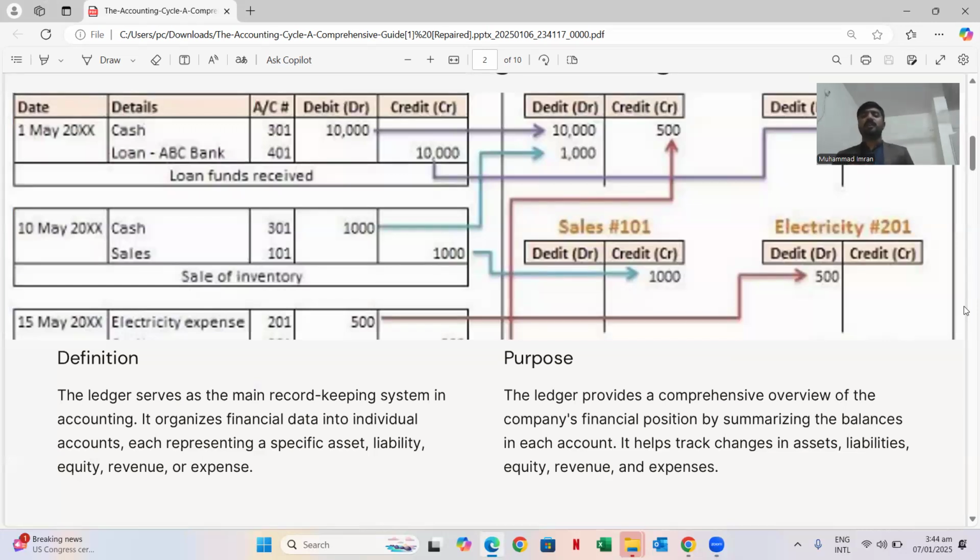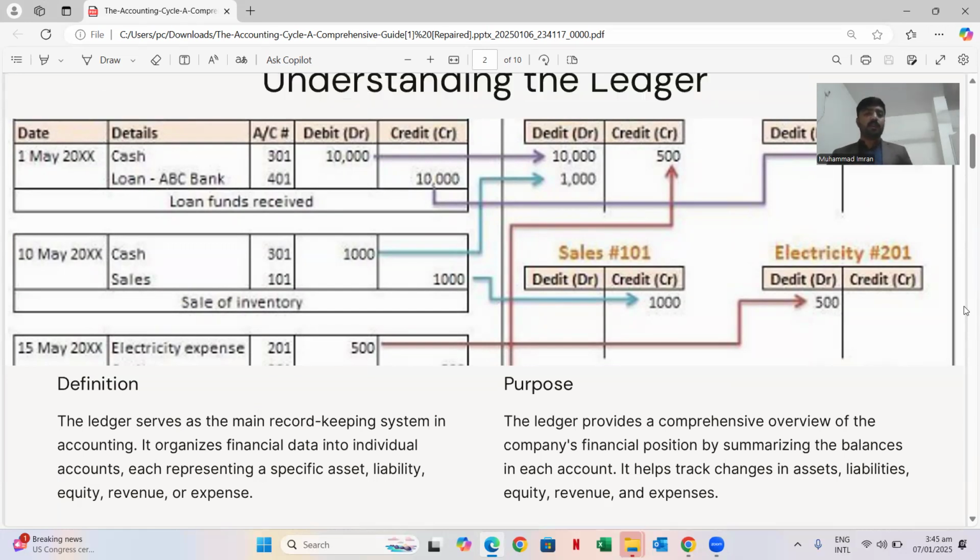These ledgers are used for providing a comprehensive overview of the company's financial position by summarizing the balances in each account, as it helps to track the changes in assets, liabilities, equity, revenue, and expenses.